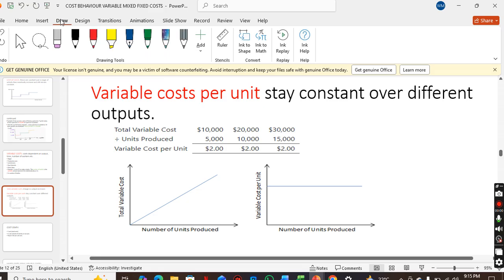So remember, variable cost per unit, VC per unit, is your total variable costs, TVC, total variable cost, divided by the number of units.